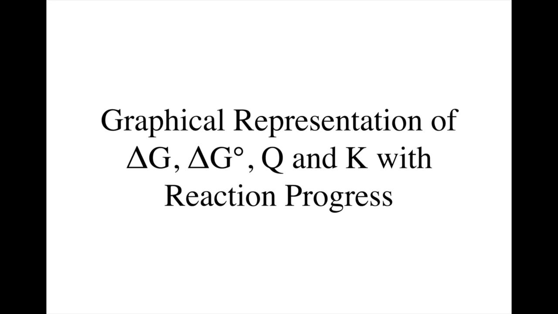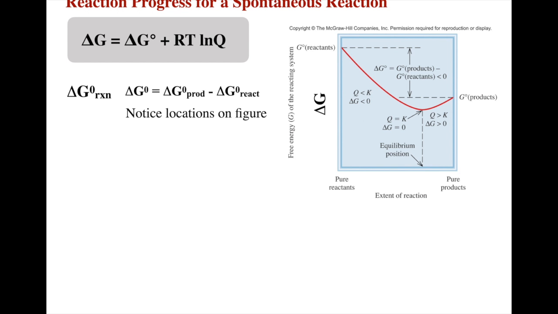So you sometimes see these graphical representations of these concepts. Here we see a reaction that is spontaneous, and we have the extent of the reaction and the delta G, the free energy, on the left.